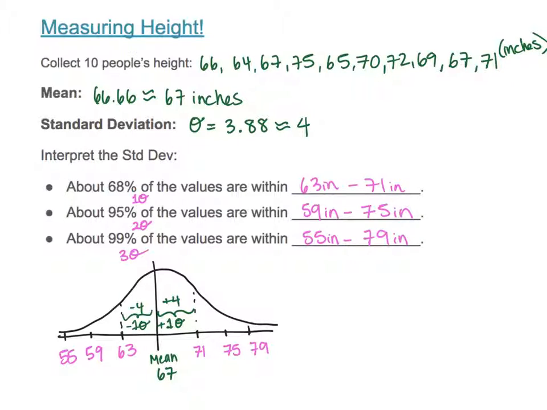Okay, so on here, this is going to help you guys figure out how to write your description for your standard deviation. So once you calculate that standard deviation for your project, you need to describe or write an interpretation of your standard deviation. And one way you could do this is to figure out what your 68% values range from.